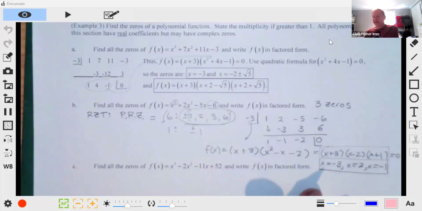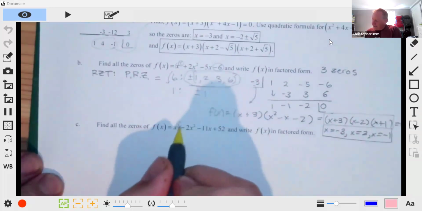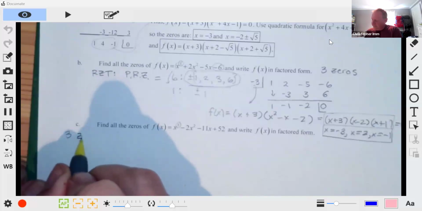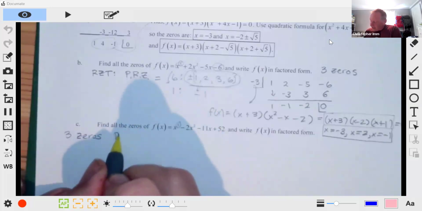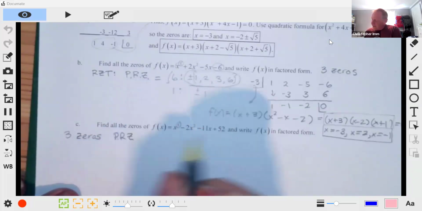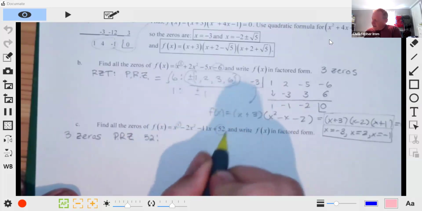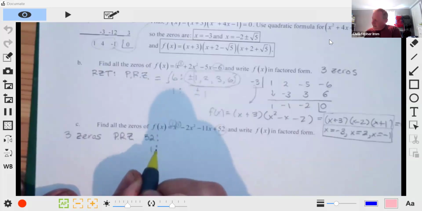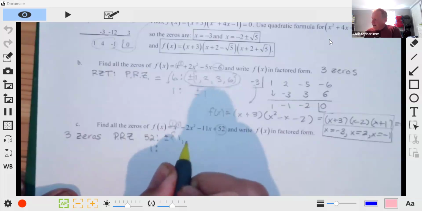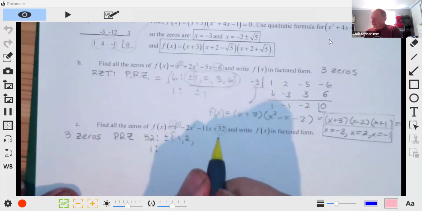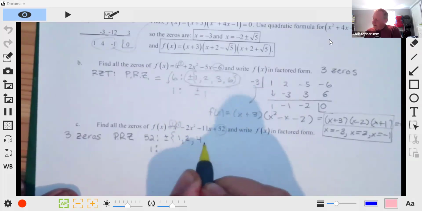With that in mind, let's take a look at this next one here. This is also a third degree, so I'm going to find 3 zeros. And I'm going to list the possible rational zeros. So now I have the factors of 52 over the factors of 1 again. The factors of 52 are 1, 2, 3 doesn't go into it since 5 plus 2 is 7. 4 does.